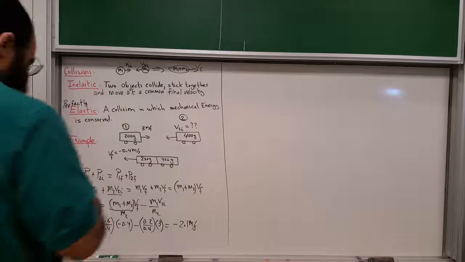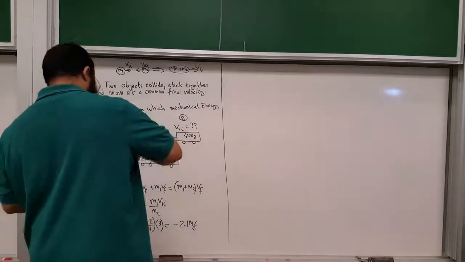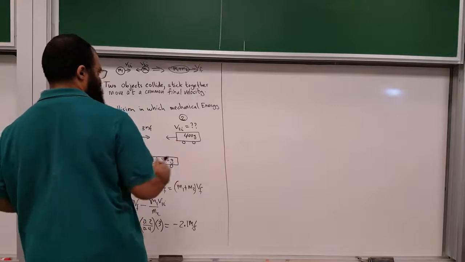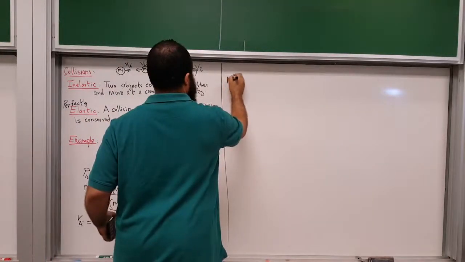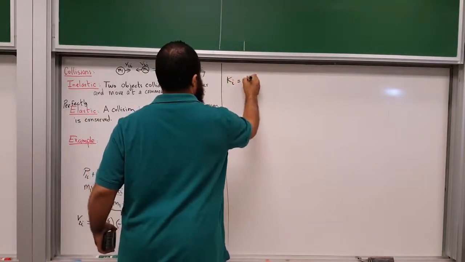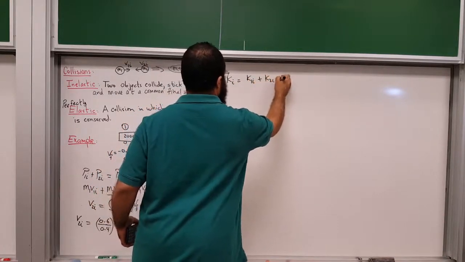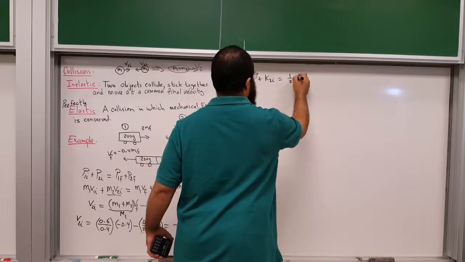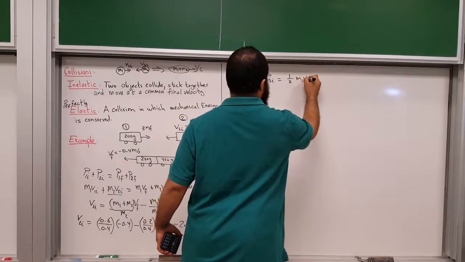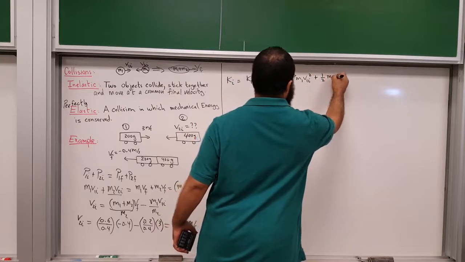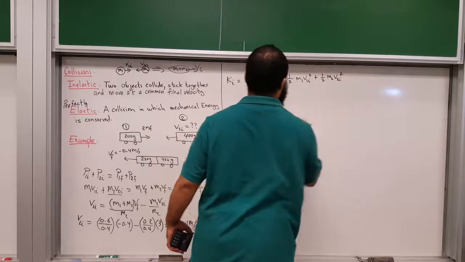The kinetic energy before collision is 1/2 mv squared for the first one plus the second one. The kinetic energy before collision will be the kinetic energy for mass 1 before plus the kinetic energy for mass 2 before, and it's equal to 1/2 m1 v1 initial squared plus 1/2 m2 v2 initial squared.